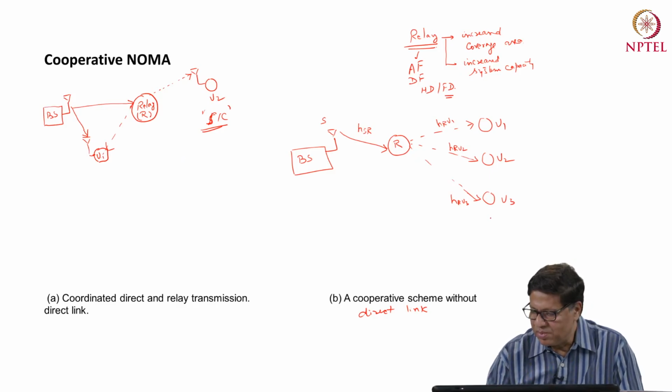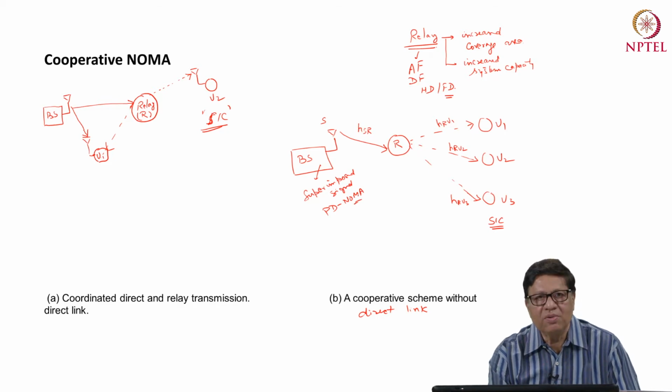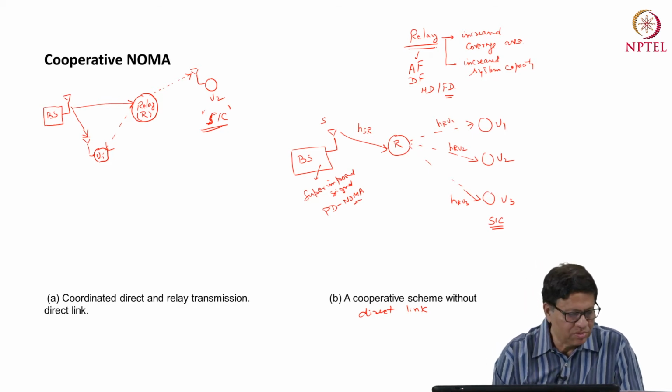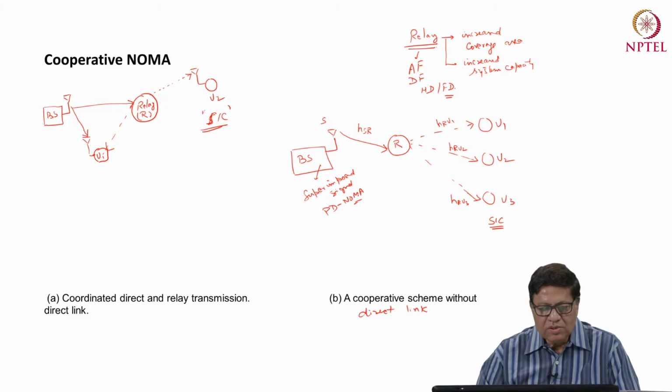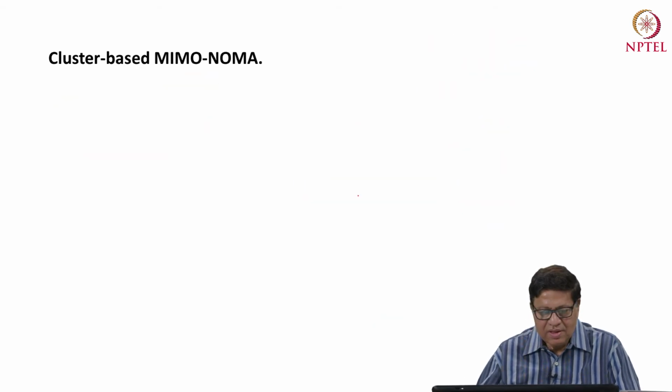Similarly here, the SIC operation is happening, and here you get a superimposed signal, that is, power domain NOMA. By doing the SIC operation at the user, you are able to get the data of respective users. So this is an example of cooperative NOMA.